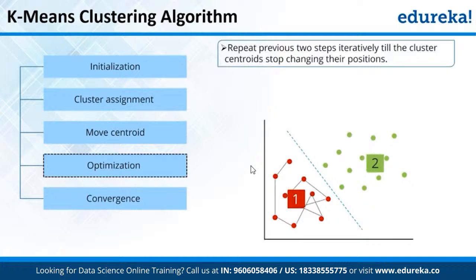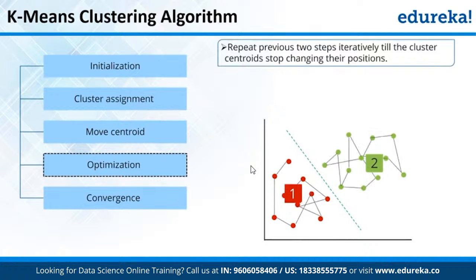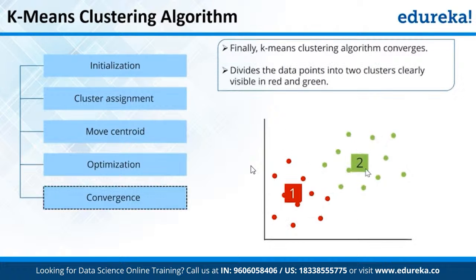And how can we check if we have got the optimized clusters? We do have formulas on the basis of which we calculate the accuracy. Now here you have two clearly created clusters, cluster 1 and cluster 2.